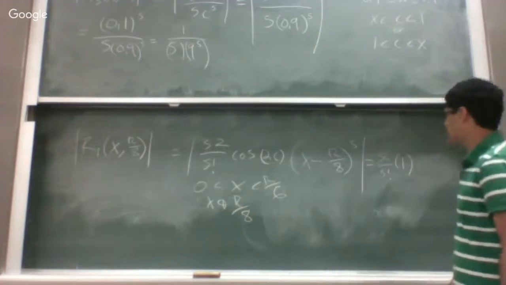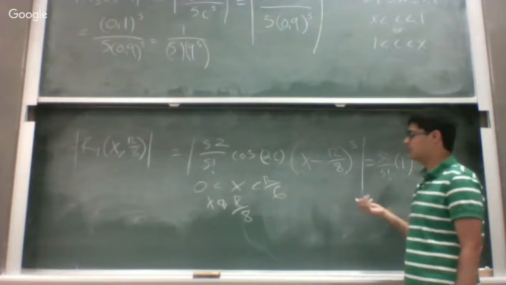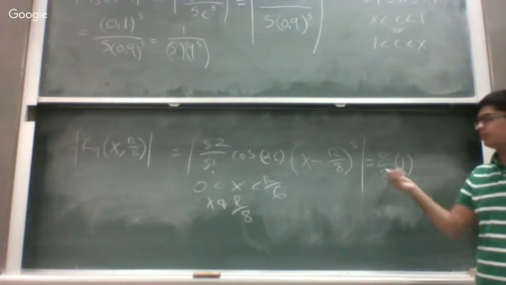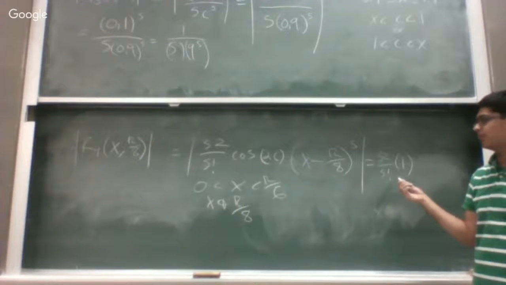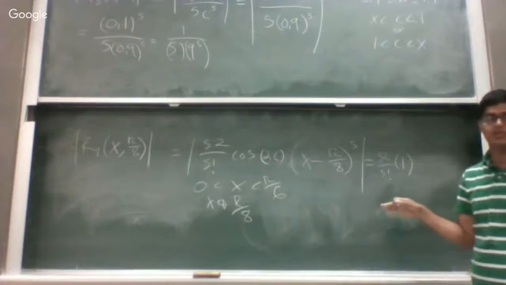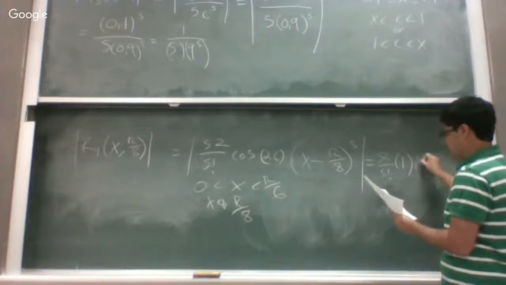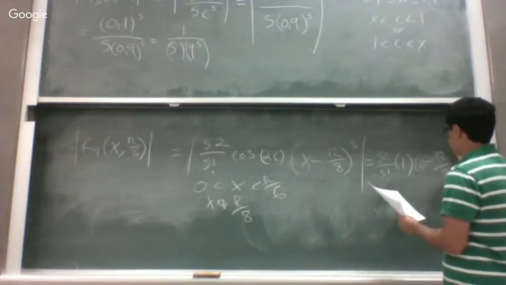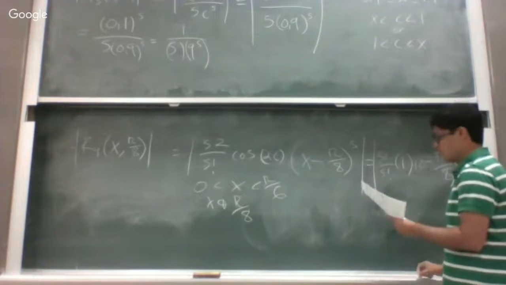So then we have a 1 right there. How can we make this number the maximum value? By choosing 0 for x. So then we have 0 minus pi over 8 quantity to the 5th power, and then you simplify that.